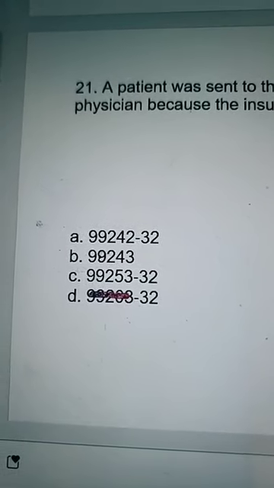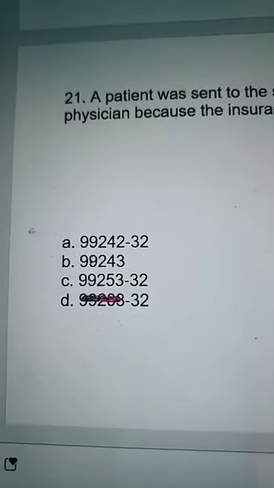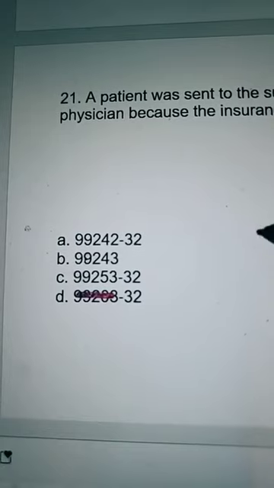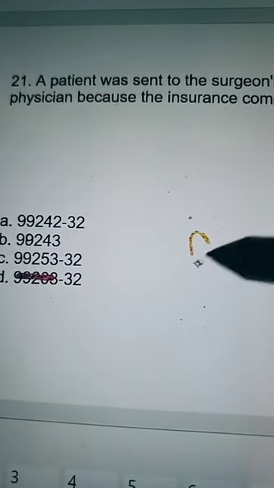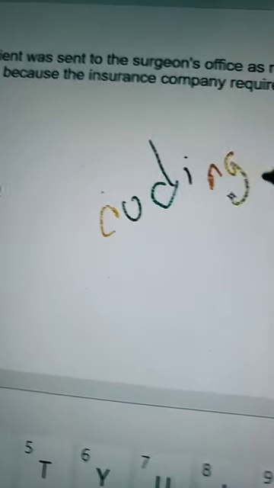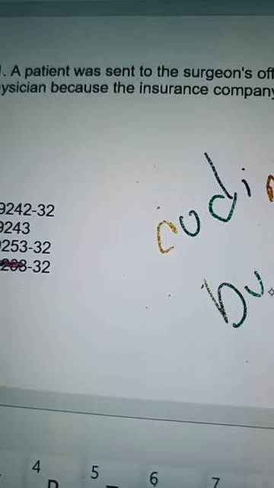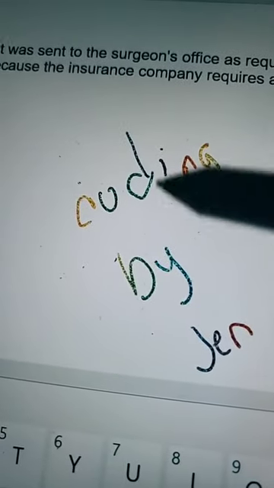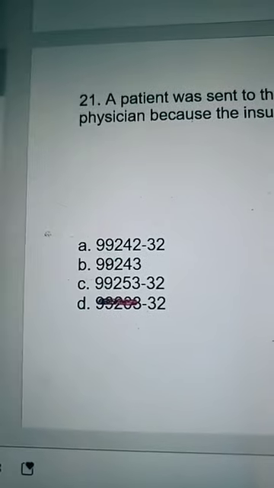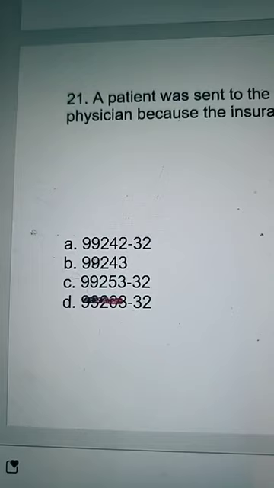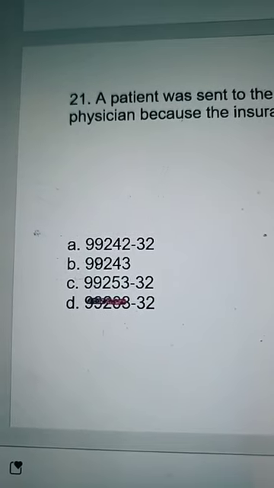Oh, you're taking your test Saturday for the second time. You can email me at codingbyjen, just Jen, Jennifer, at Gmail. It's all one word. And your results based off of your sections of the CPT book.